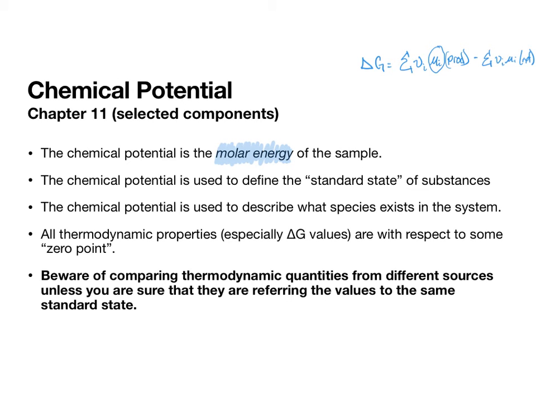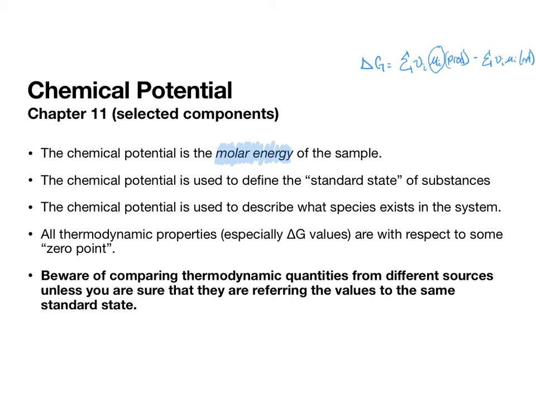And so we can kind of think of this as how many particles exist. The chemical potential is what is used to define the standard state of substances. And it's really how we describe what species exists at what point.